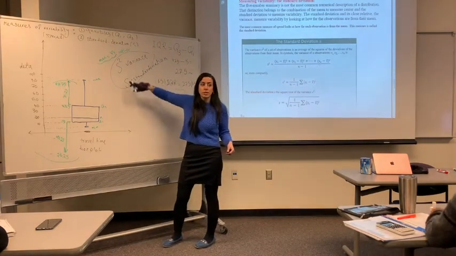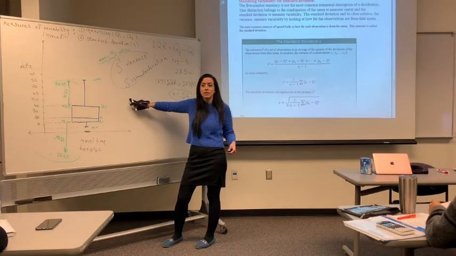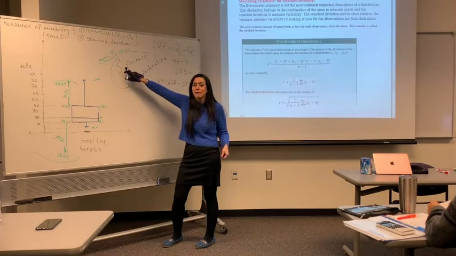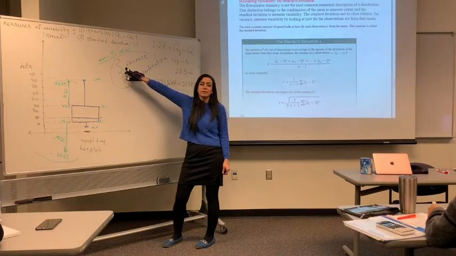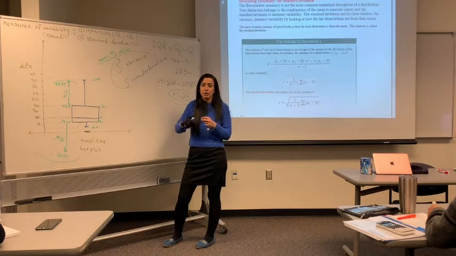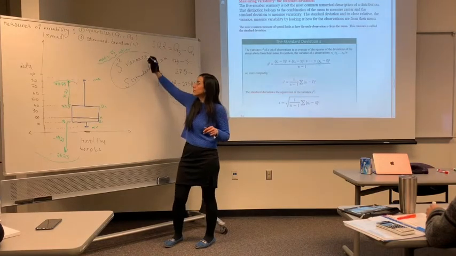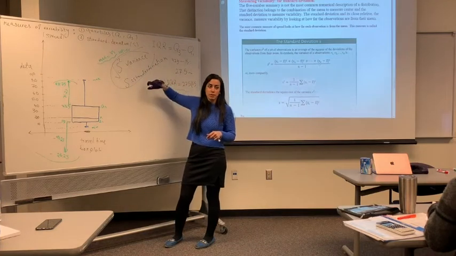So what's the relation? S squared is variance. S is the standard deviation, means the square root of variance is the standard deviation, correct? The square root of variance is the standard deviation. This is just math. You should know if you take the square root of this, you will have S, which is the standard deviation.